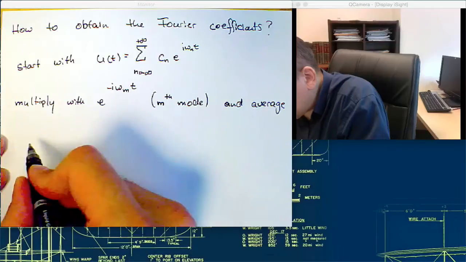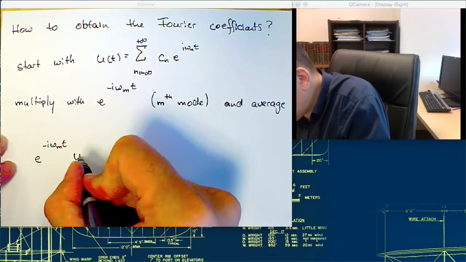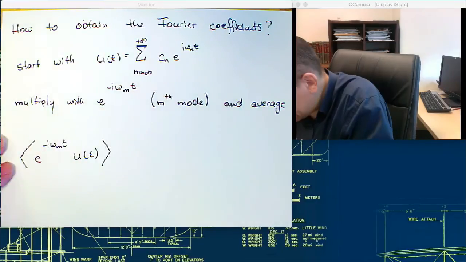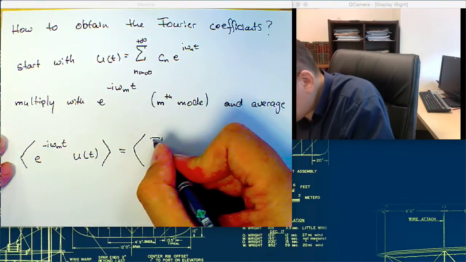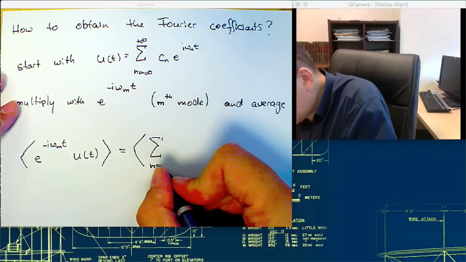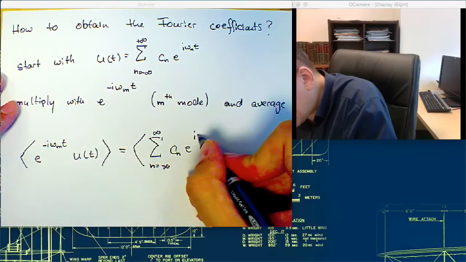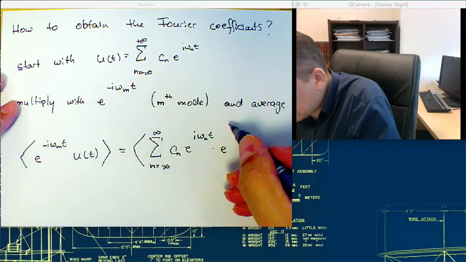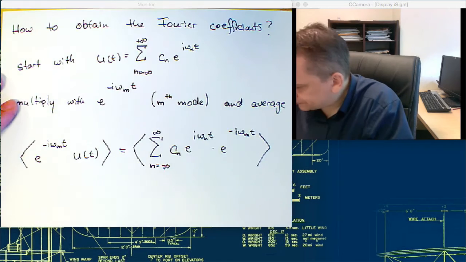So on the left side we have e to the power i omega m t, u of t, the average over it, and that is equal to the sum of n equal minus infinity to plus infinity Cn e to the power i omega n t times e to the power minus i omega m t, and the average of it.